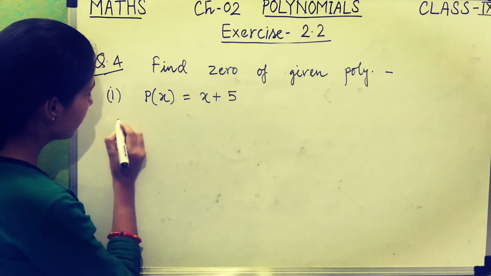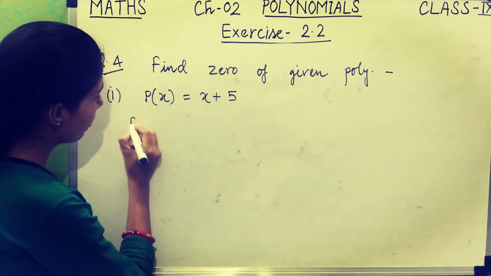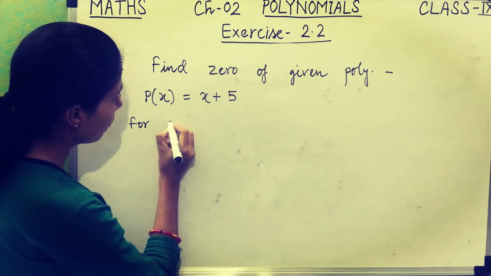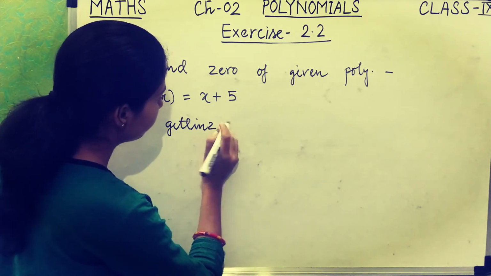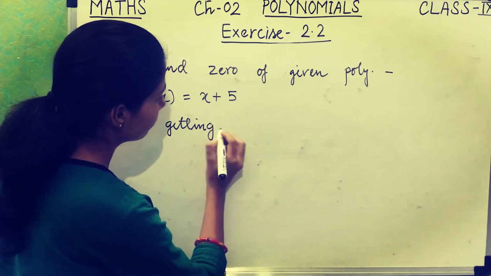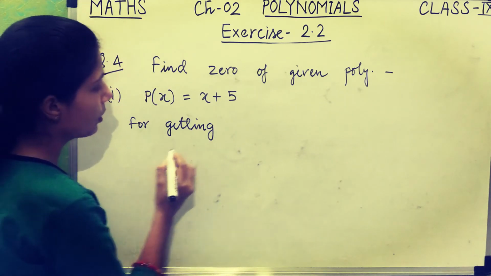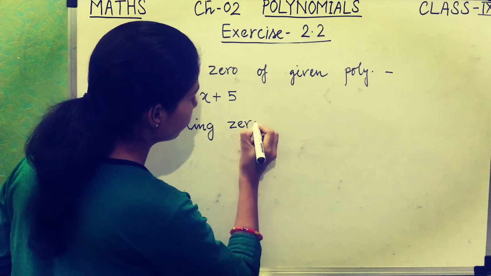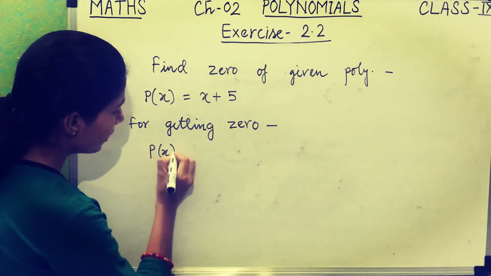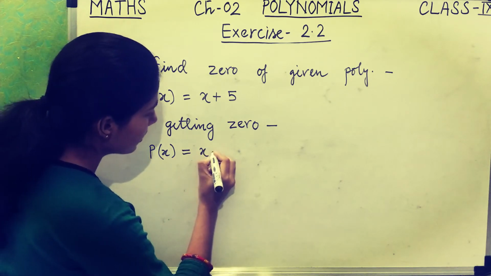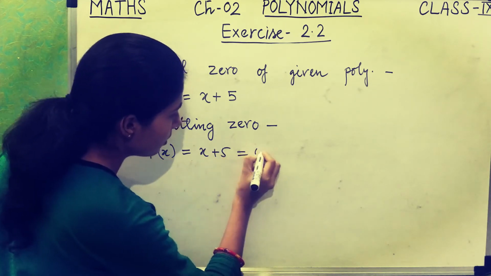For getting the 0, we equate this polynomial, that is x plus 5, with 0.